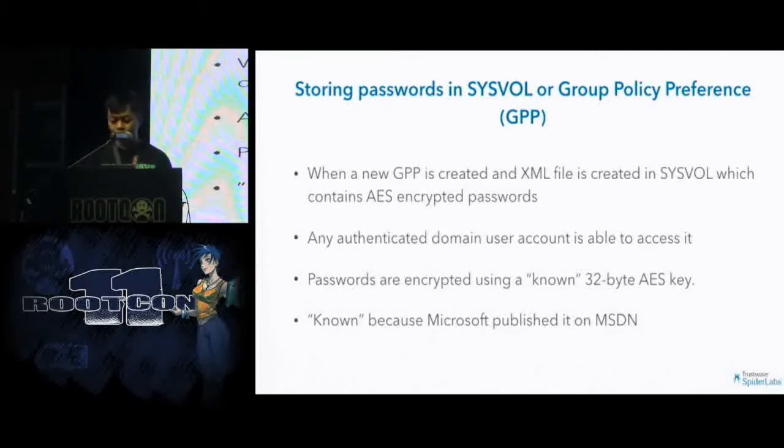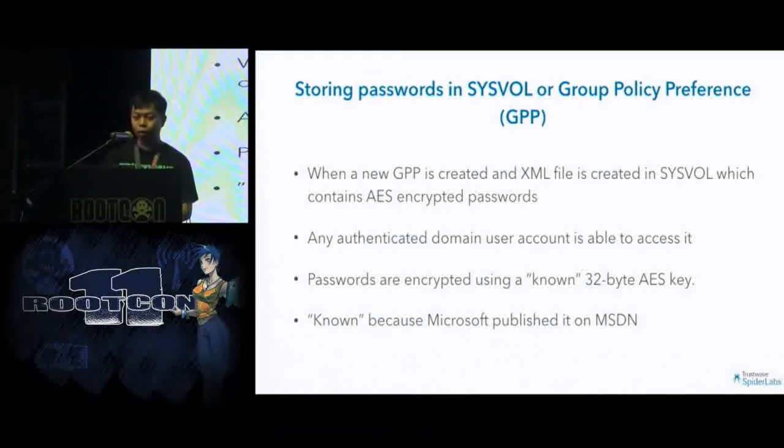When a new Group Policy Preferences item is created, an XML file is created in the SYSVOL folder, which contains an AES encrypted password. Any authenticated domain user is able to access that file, so you don't need administrative access. Sometimes in networks, administrators tend to store local administrator passwords in them, or even domain administrator passwords. So if you can access those files, you can move laterally along the network to compromise other hosts.